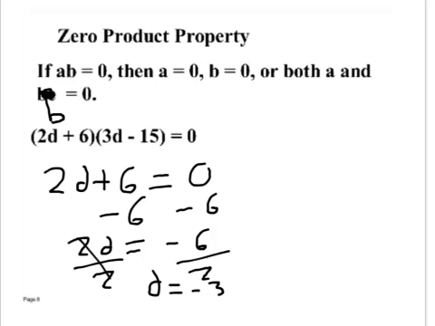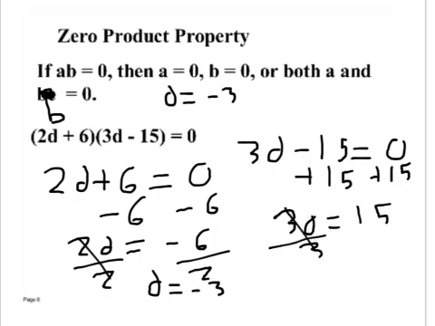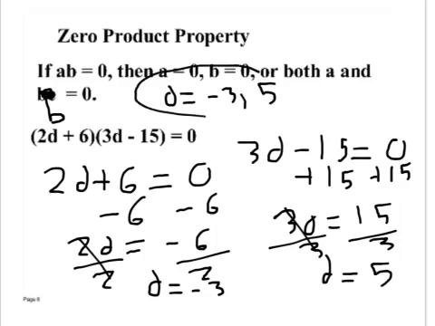Okay, so D could be negative 3. Or we do 3D minus 15. We need to find out what D is here. We add 15. 3D equals 15. We divide by 3. D is 5. So D could be negative 3 or 5. There are your 2 answers.